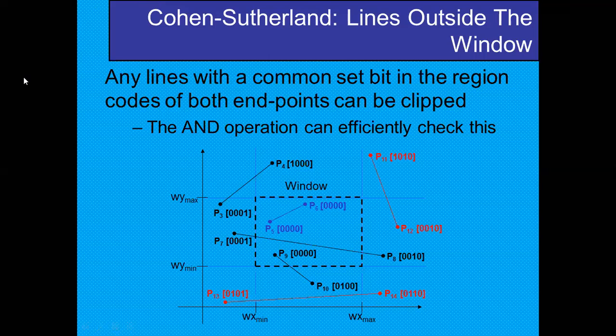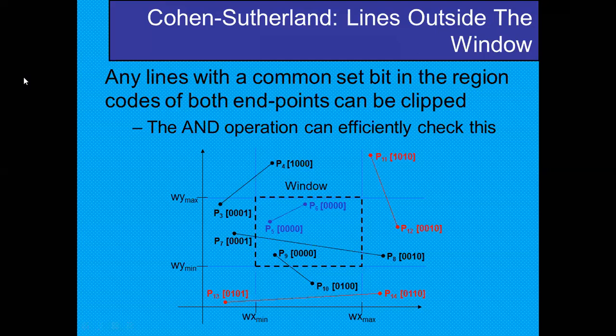Okay, so Cohen-Sutherland implemented an algorithm and divided the plane into 9 regions, as you can see on this slide. At the center there is a window in dotted-line form.